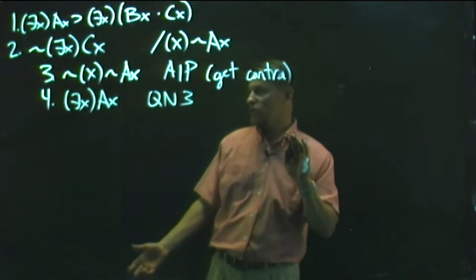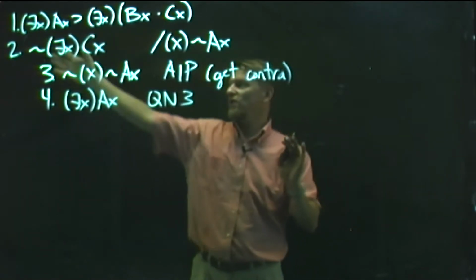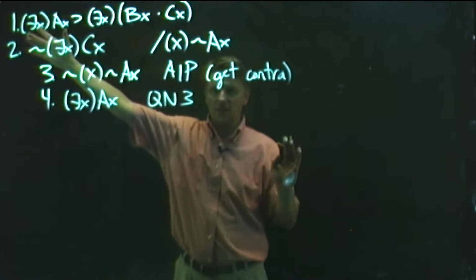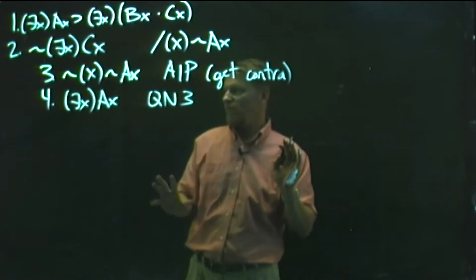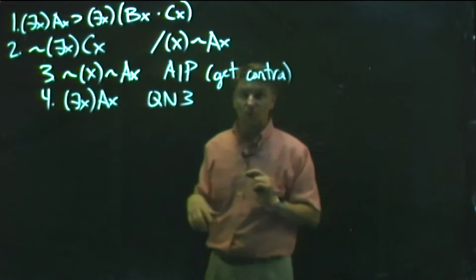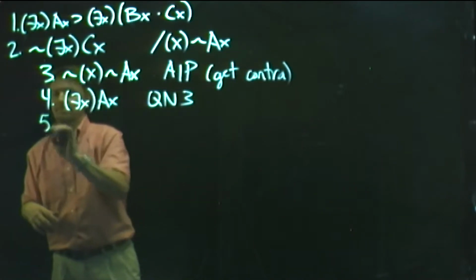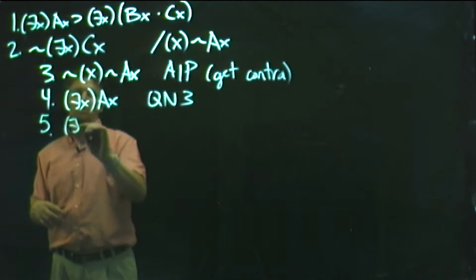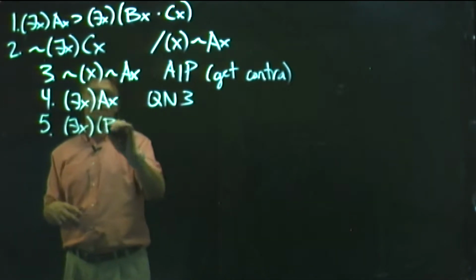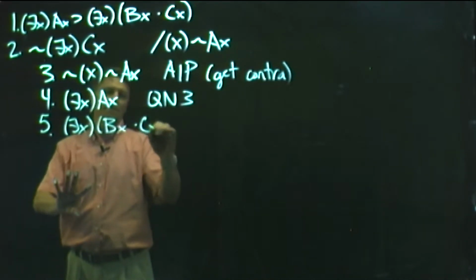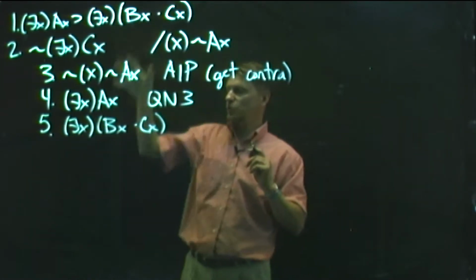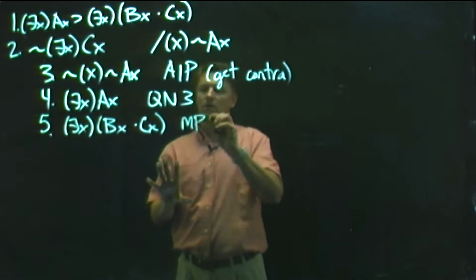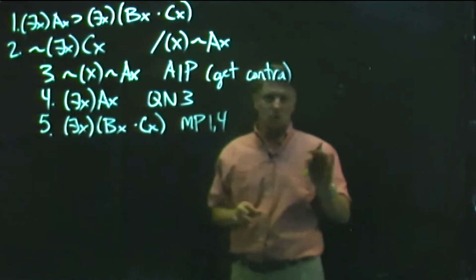And now with 1 and 4, in 1 we have P horseshoe Q, and down here in line 4 is our P again, so that's the setup for modus ponens. So modus ponens lets us write down our consequent from line 1. That's modus ponens 1 and 4.